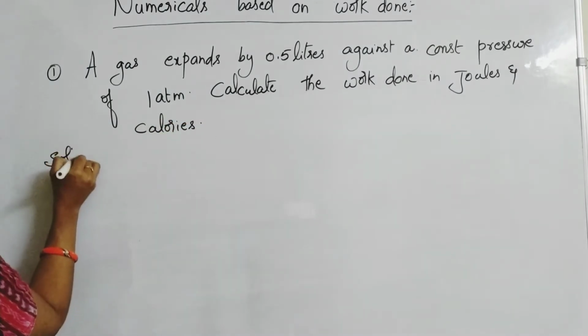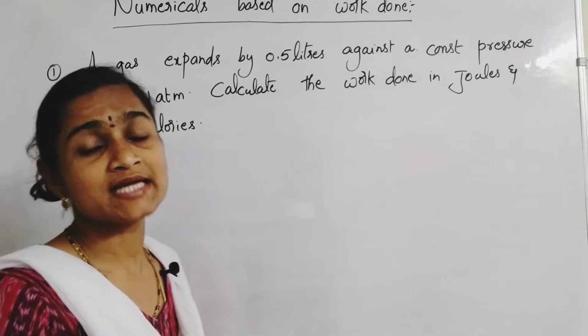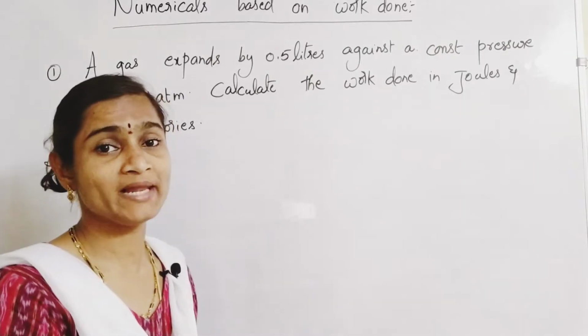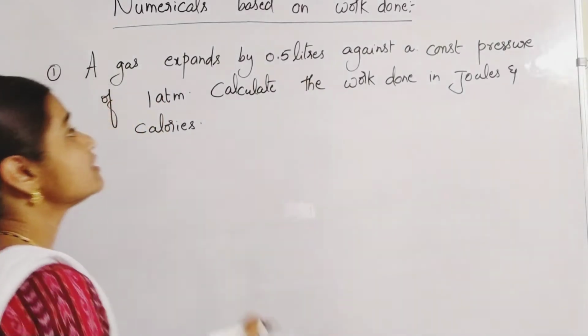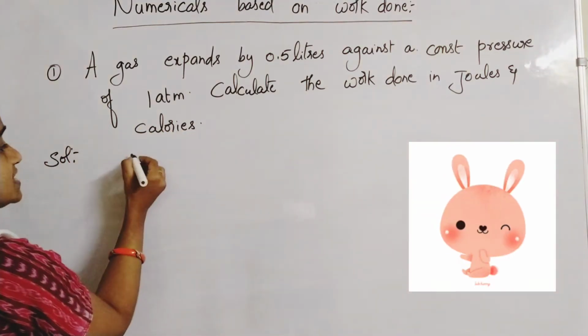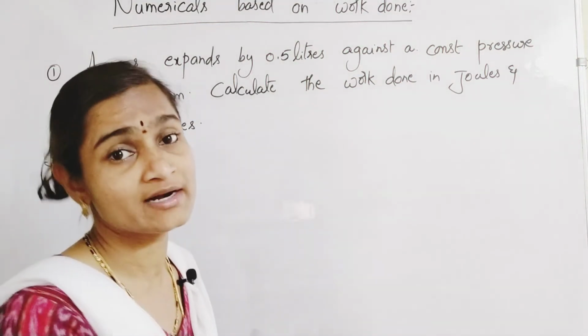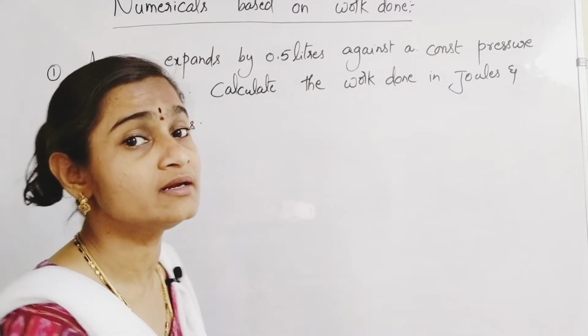So how to do this numerical? We'll start from simple to a little bit complex numericals. First let us recall the formula of work done. What is the formula for work done?